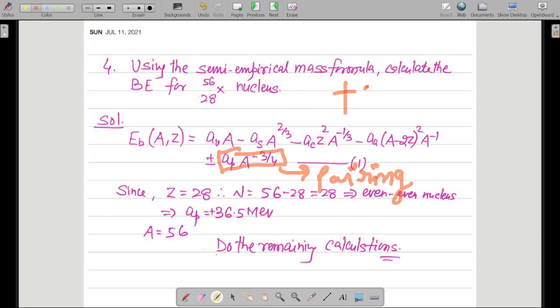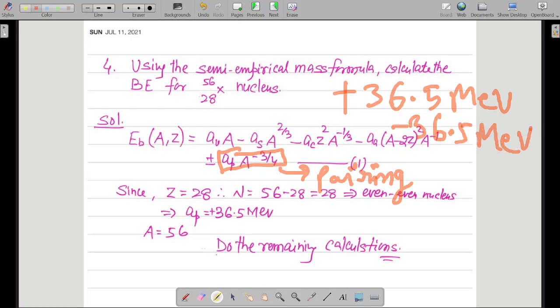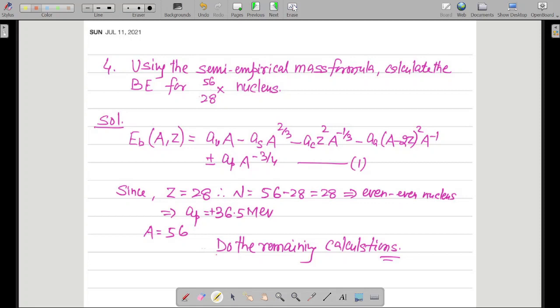It can have plus 36.5 mega electron volt value, it can have minus 36.5 mega electron volt value, it can have 0 mega electron volt value. So three values are possible.